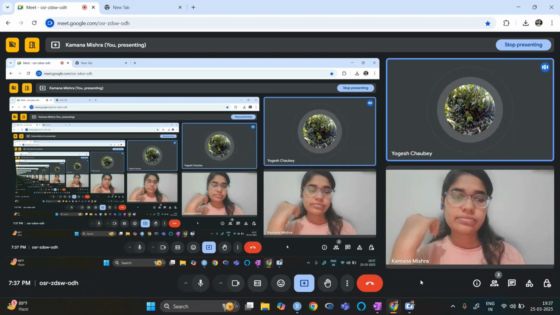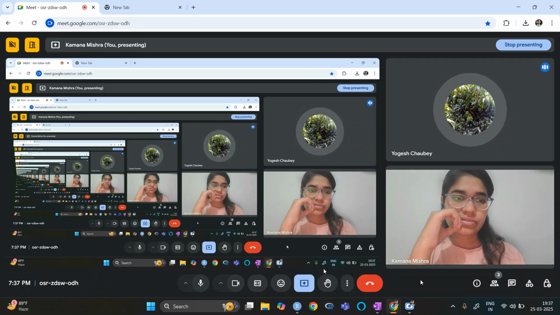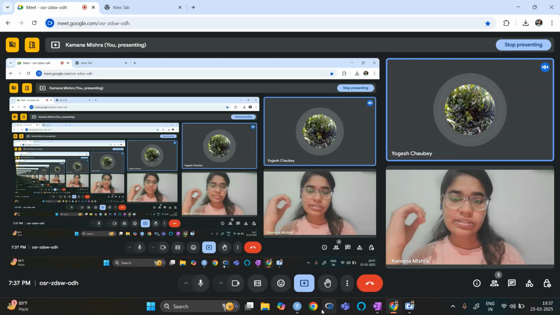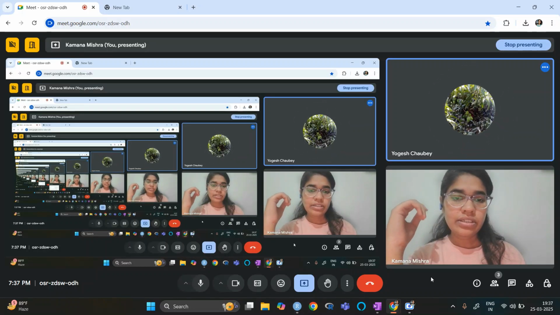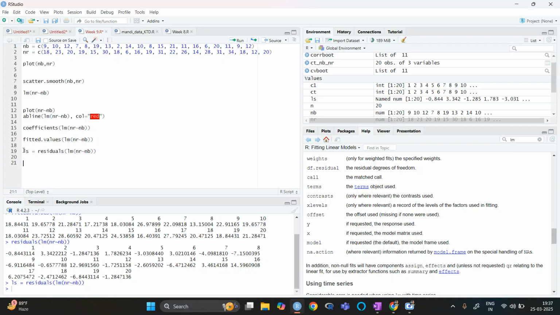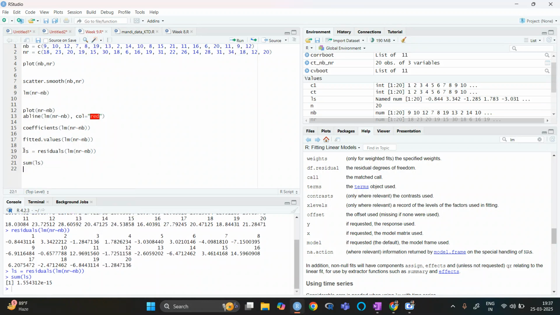Okay. So the sum of the residuals, the simple arithmetic sum? If I take the sum of the residuals, let's say I define it as ls. If I do the sum of ls, you can see it is very small.